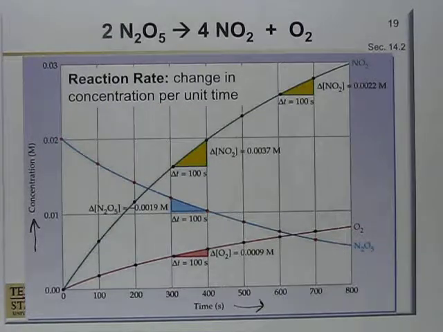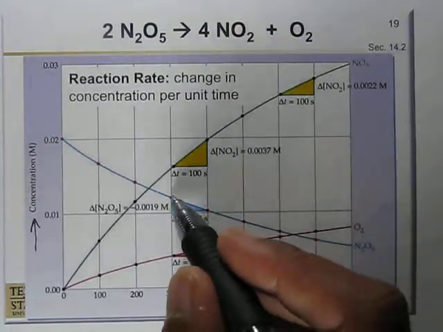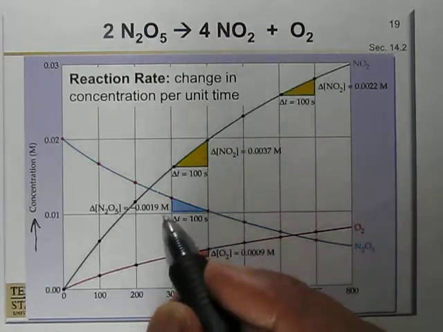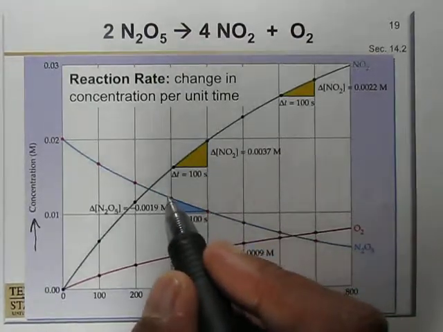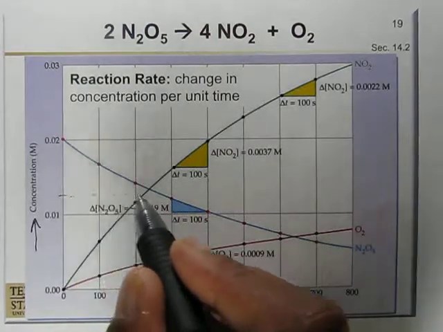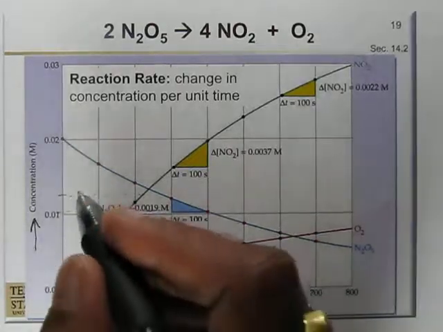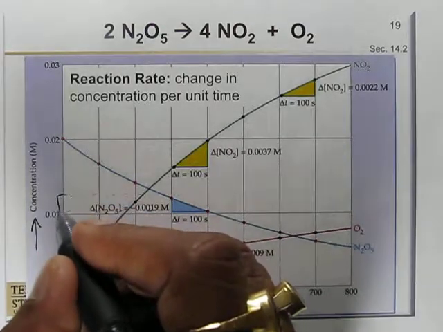The same thing you can express in the form of a graph, and if you want to calculate the rate at these two points for the reactant, you can draw a straight line from here to here. This is your initial concentration, and from here to here is your final concentration. So what will be the change in molarity?